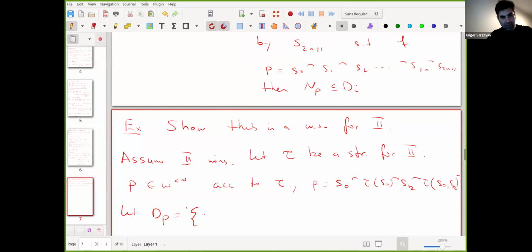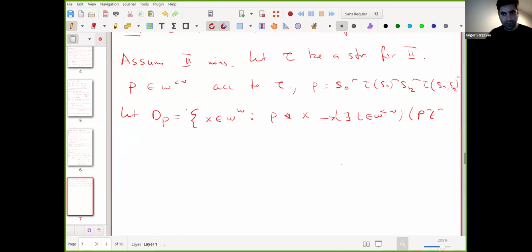So maybe I have written it. If P is an initial segment of x, then it follows that there exists a t such that P followed by t, followed by the response of tau, is an initial segment of x. Let me write this more clearly.